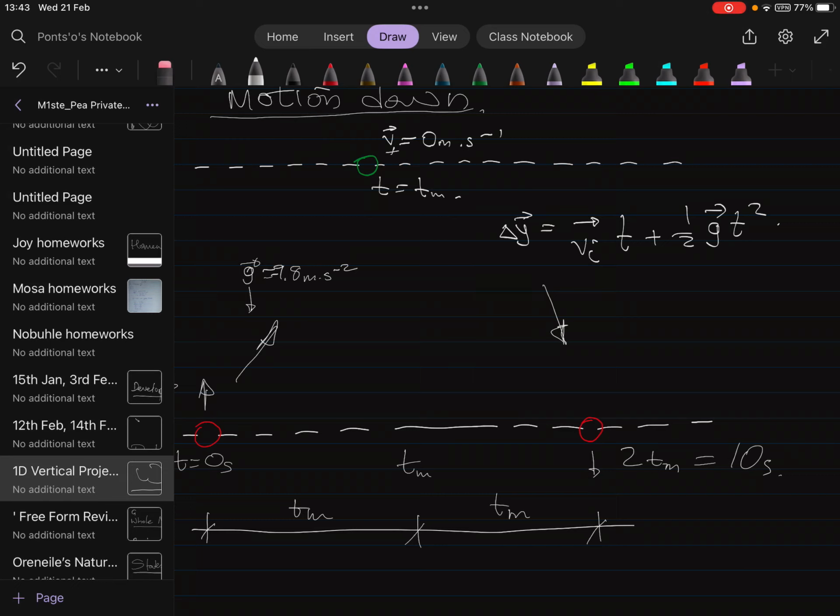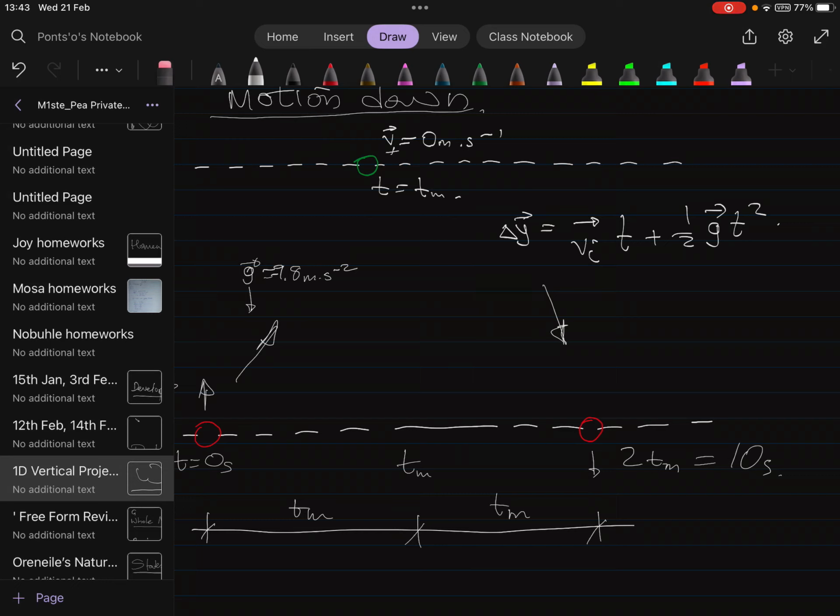So when it starts its descent, it's 0. So we can use that as the initial velocity for the downward movement. We know that acceleration due to gravity acts on it, and it's negative.